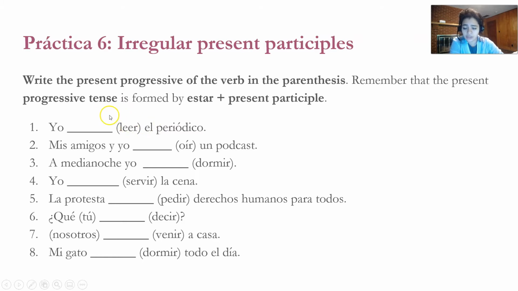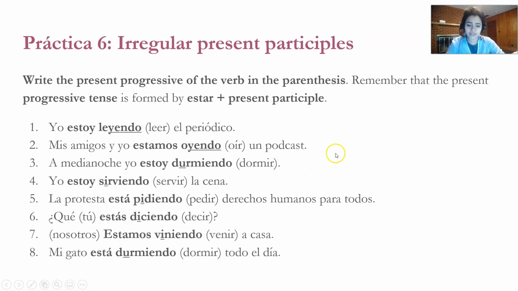How? First, you conjugate the verb estar according to the subject. In this case, the subject is yo. And then leer, you turn leer into its present participle form. All these verbs are irregular, so you might have to review the irregular present participles from our video. And here you can check your answers.